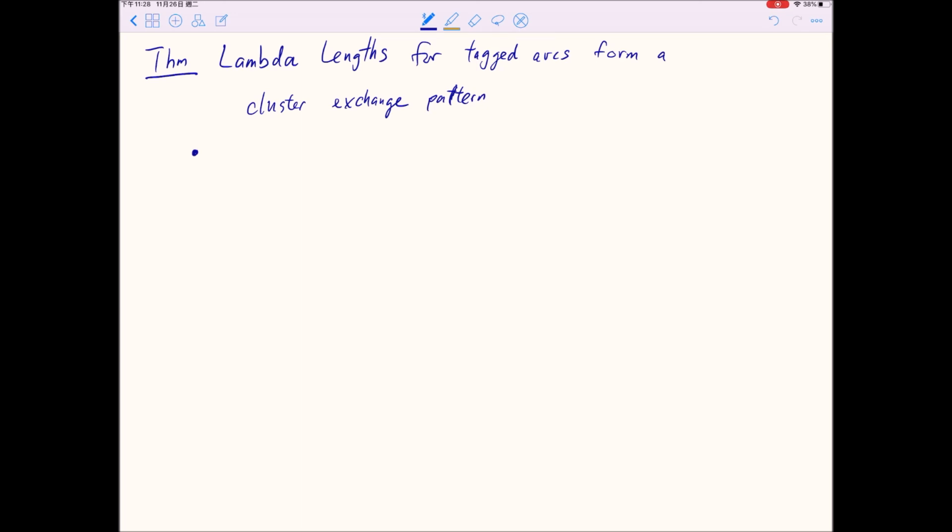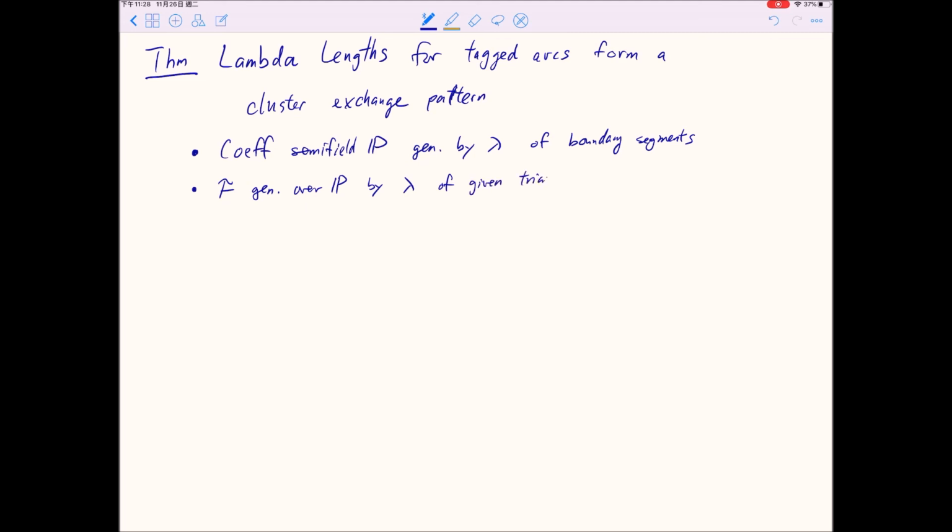So in this cluster algebra, the coefficient semi-field will be generated by lambda of the boundary segments. And our ambient field will be generated over this semi-field by the lambda lengths of a given triangulation, the initial triangulation without any tag arc or without any self-folded triangles. Just like the previous lecture.